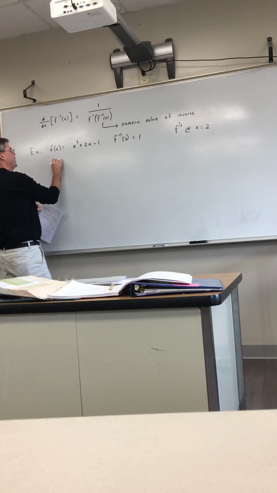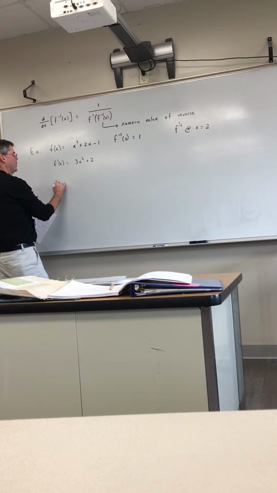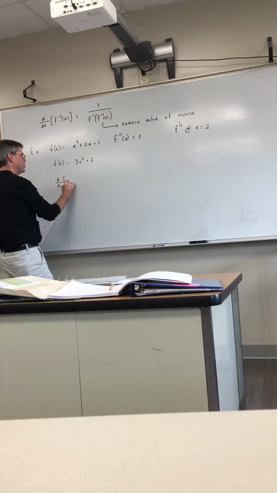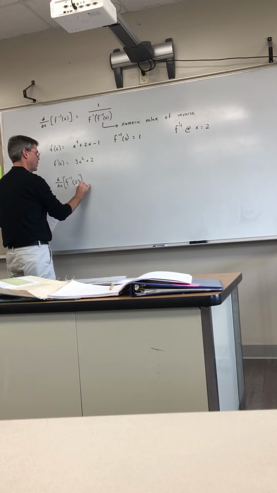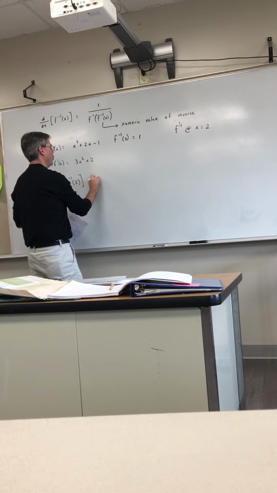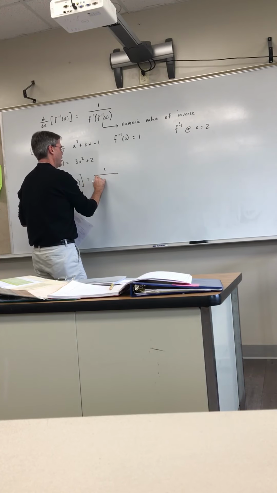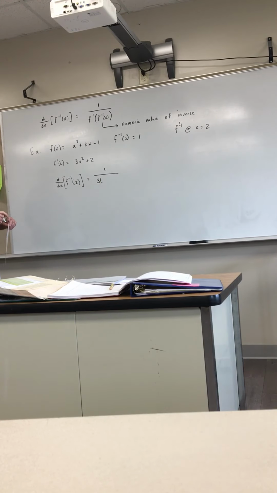All right, so we're going to take the derivative. That's 3x squared plus 2. So the value of the derivative of the inverse at x equals 2 is going to be 1 over, and what am I going to plug in here for x? 3x squared plus 2.